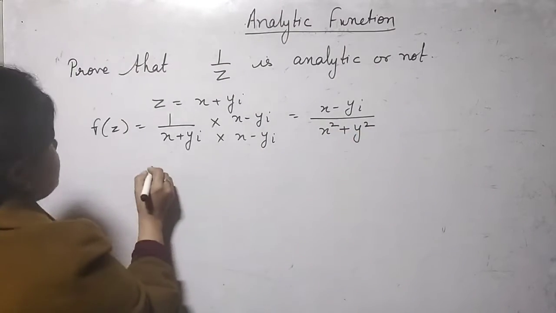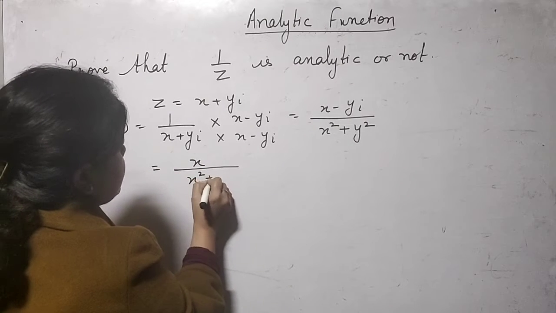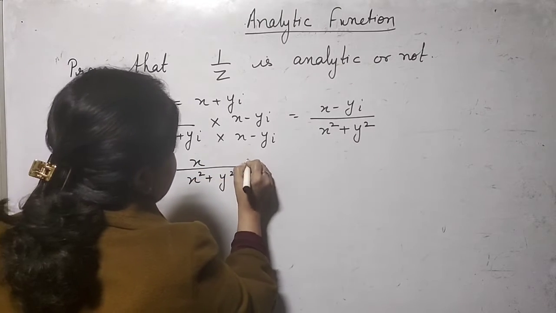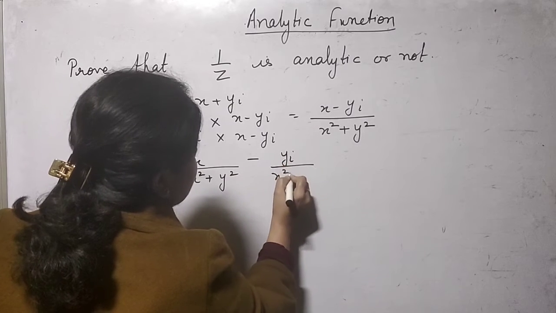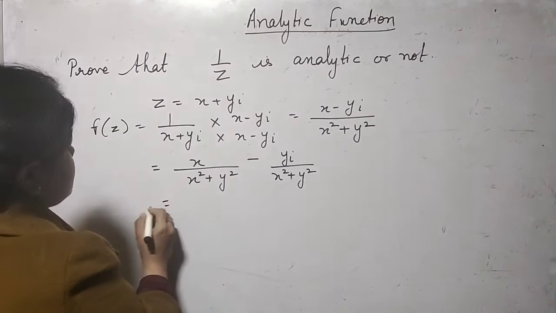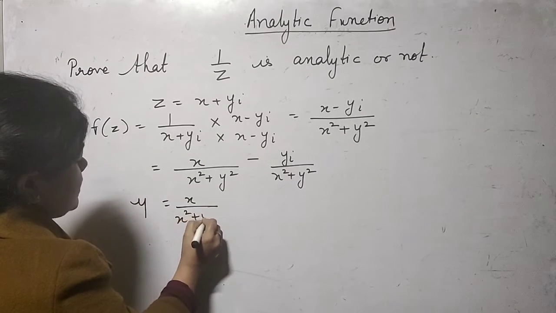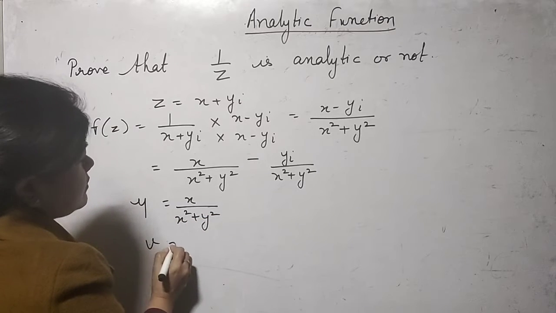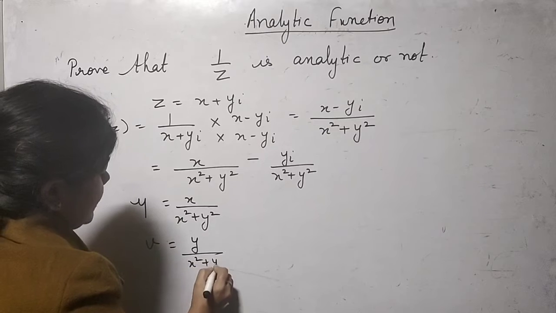So this function becomes in the form of x over x square plus y square minus yi over x square plus y square. So now comparing with this, u becomes x over x square plus y square and v becomes y over x square plus y square.